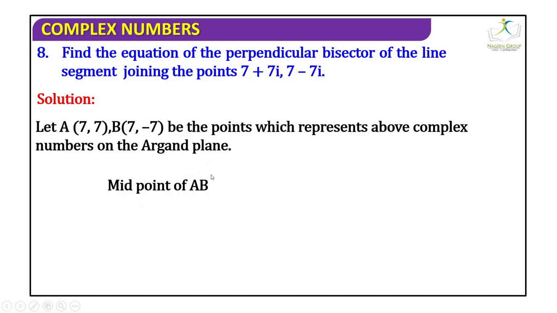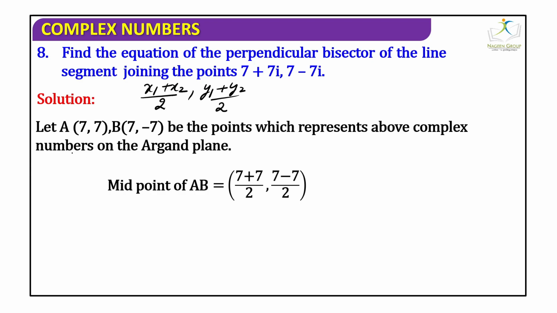The formula is x1 plus x2 divided by 2, and y1 plus y2 divided by 2, right? So this is x1 y1, this is x2 y2. It is x1 plus x2, which means 7 plus 7, that is 14 by 2, and here 7 minus 7, that is 0 by 2, right?